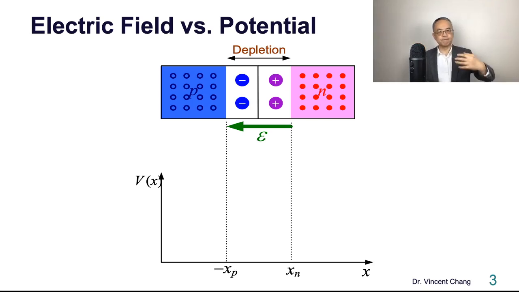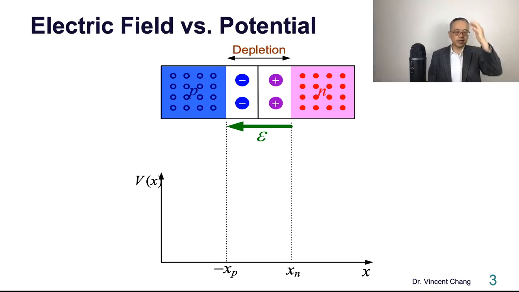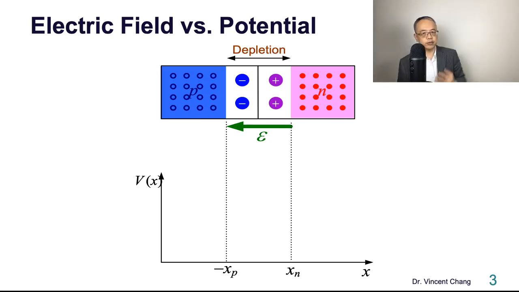Now I'm standing on the second floor of the building, and it's influenced by the gravitational force, the gravitational field. So on the second floor, the potential is here, and if I move up against the gravitational field, I increase the potential energy, right? The potential or potential energy will be increased.